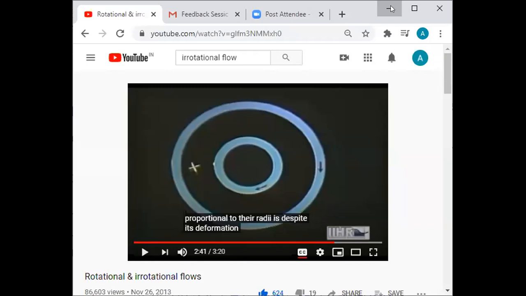When you move very close towards the center, if you rotate water, you can very easily imagine that at the center the internal friction will be high, and if you go away from the center, the internal friction will reduce, because at the center the fluid layers are in constant circulatory motion relative to each other.